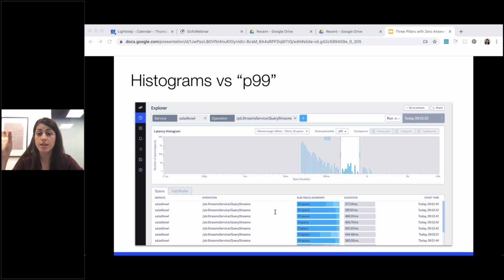So you can refine this histogram so that you're looking at the top 5% of requests in terms of latency. I really encourage people to think about the shape of a distribution in addition to understanding what the P99 latency is. It's much easier to identify different modalities in the distribution and drill into those when you're trying to understand the regression.